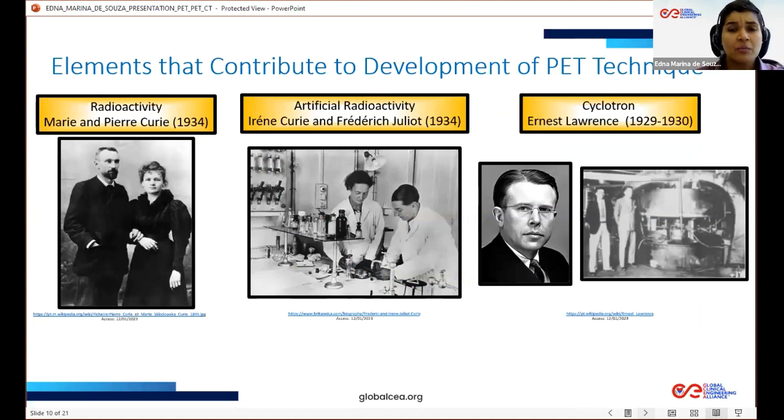So, as a complex medical imaging technique, PET is the result of much knowledge generated over time.